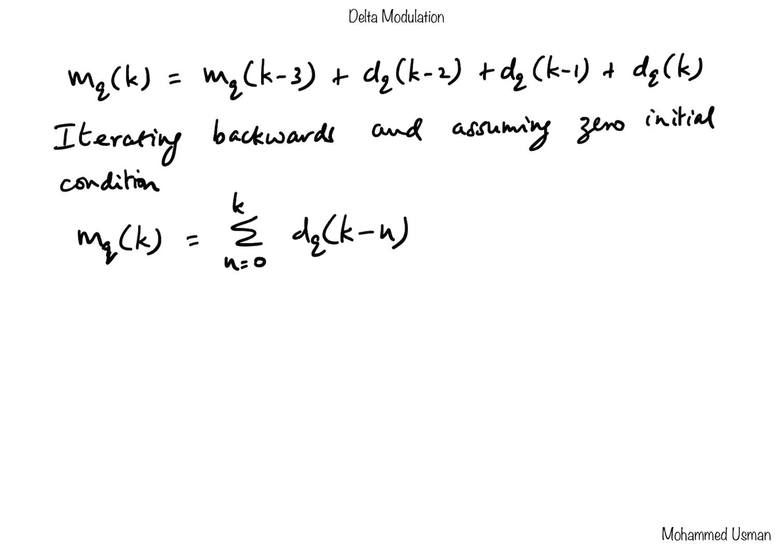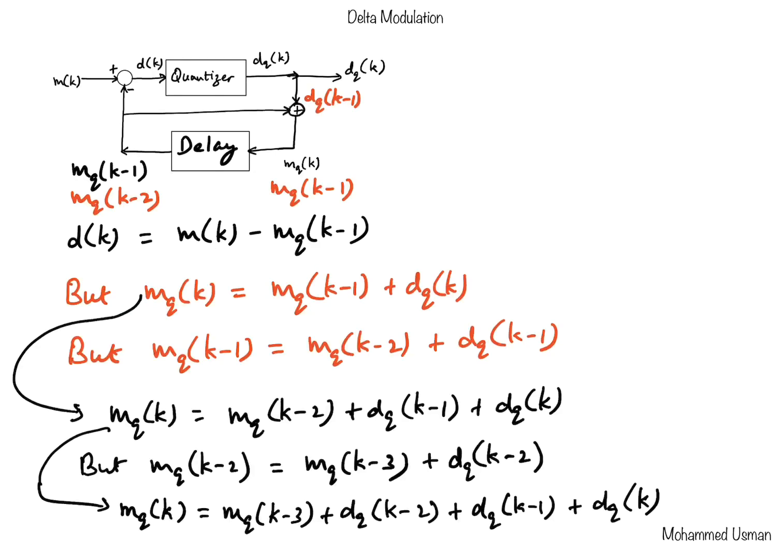So the implementation of delta modulation is much simpler as compared to differential pulse code modulation, because in place of a predictor we have a delay, and the calculations involved are simply summation in the receiver part, because the objective at the receiver side is to get back mq of k, and we can obtain mq of k by just adding these dq terms, assuming that the initial value of mq of k is 0.